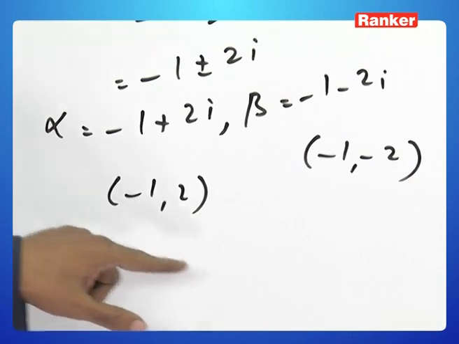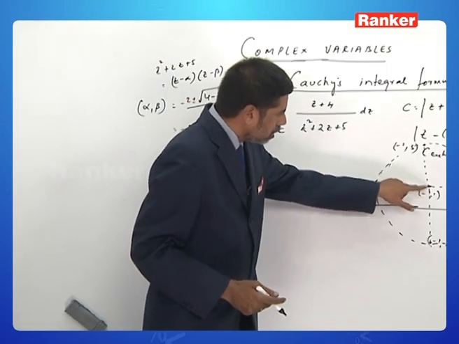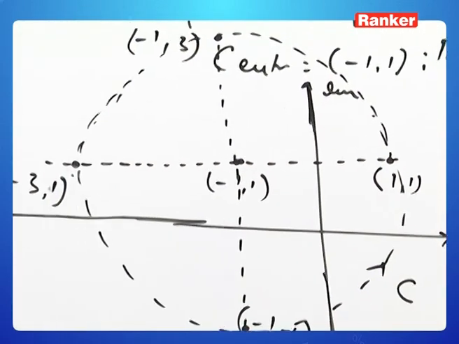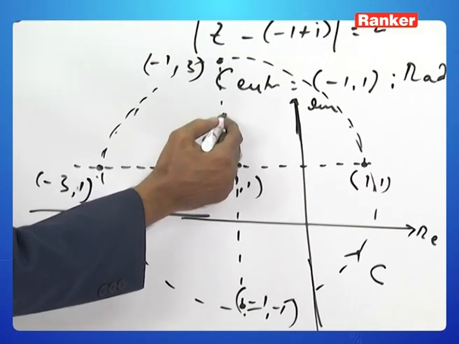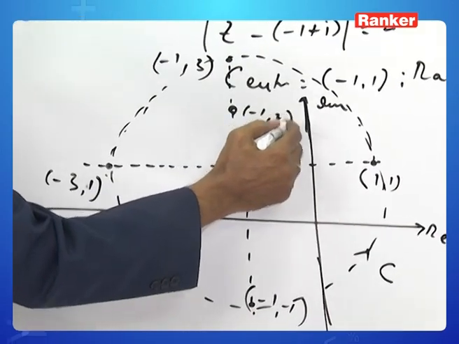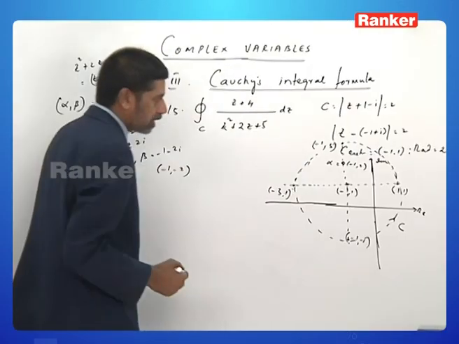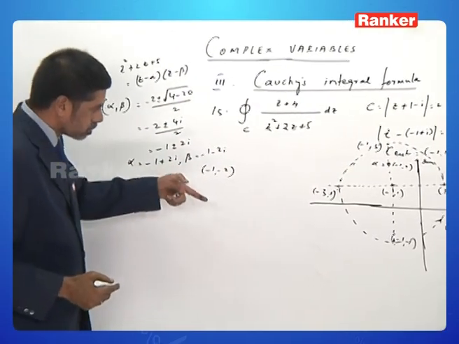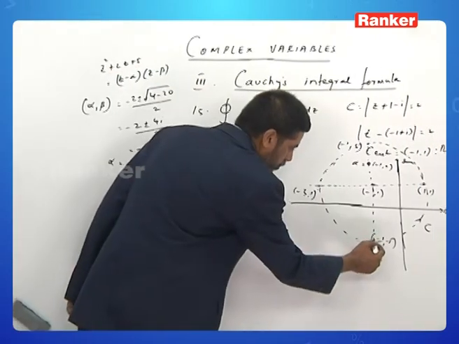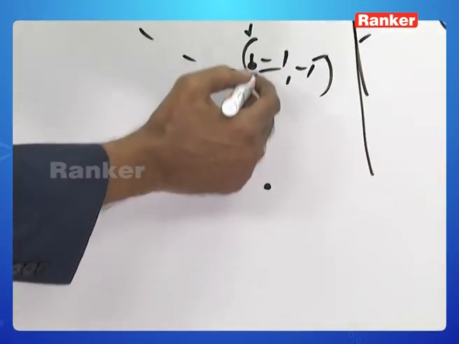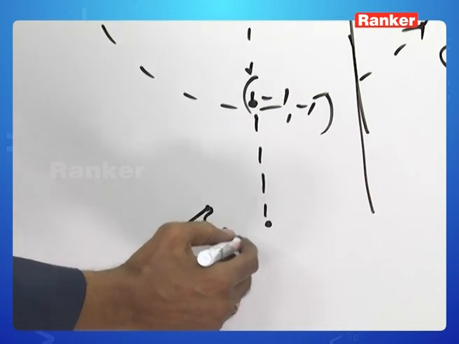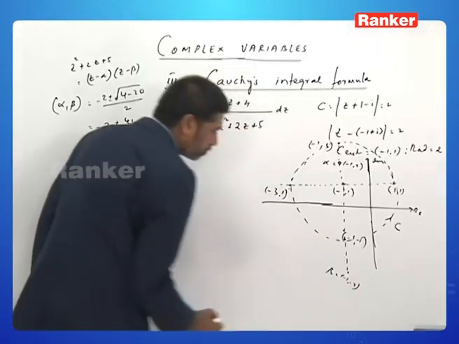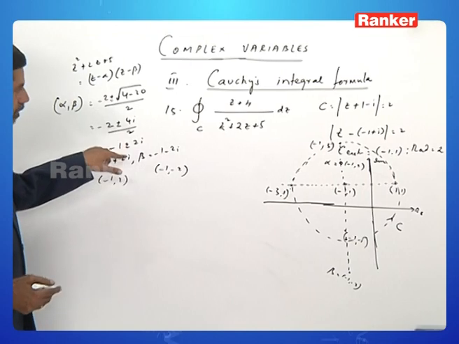Let's look at -1, 2. -1, 2 is somewhere here. So we have located alpha inside the contour. What about -1, -2? It is below this point. So beta, equal to -1, -2, is outside the contour.